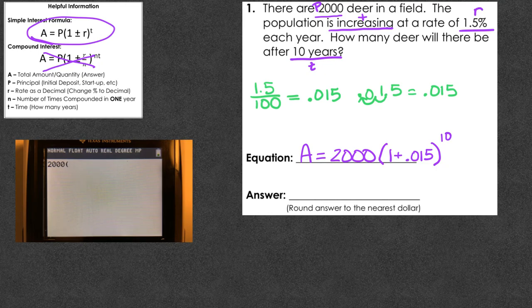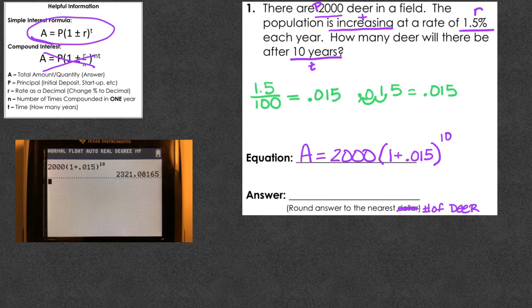Notice it says round answer to the nearest... that should say number of deer. I think it's fixed. There we go. So here's our number.